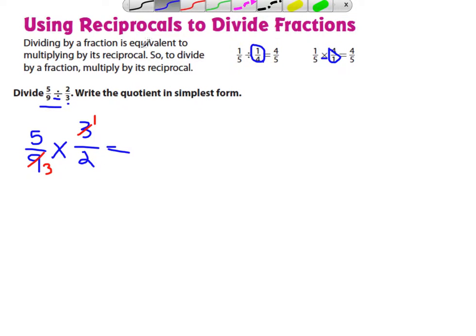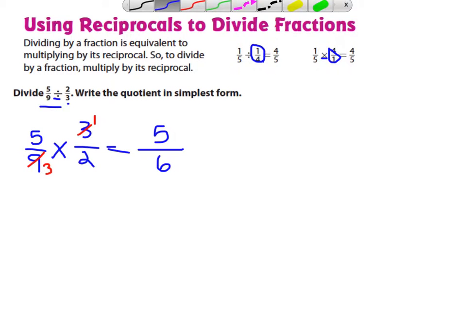Now I just go ahead and multiply my numerators, my tops. 5 times 1 is 5. And then I multiply the denominators. 3 times 2 is 6. So there we go. That is dividing fractions by multiplying by the reciprocal.